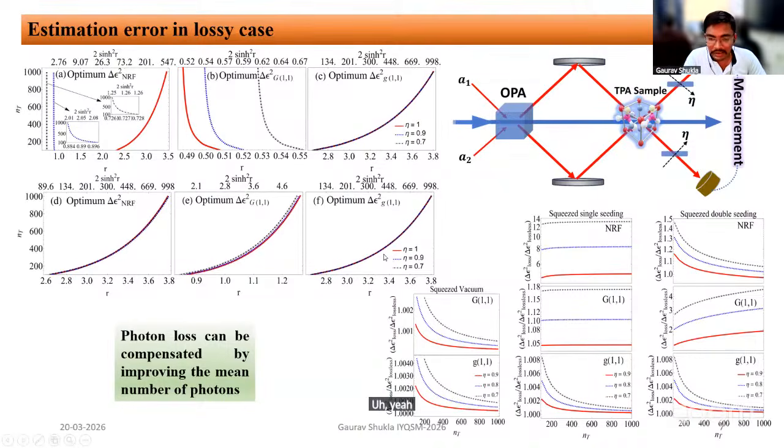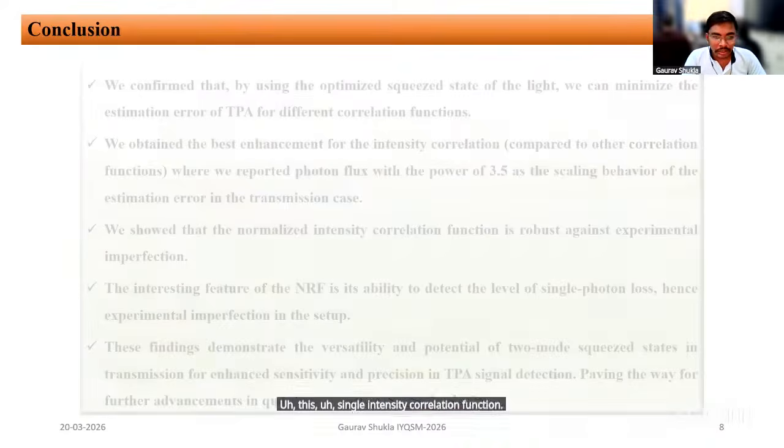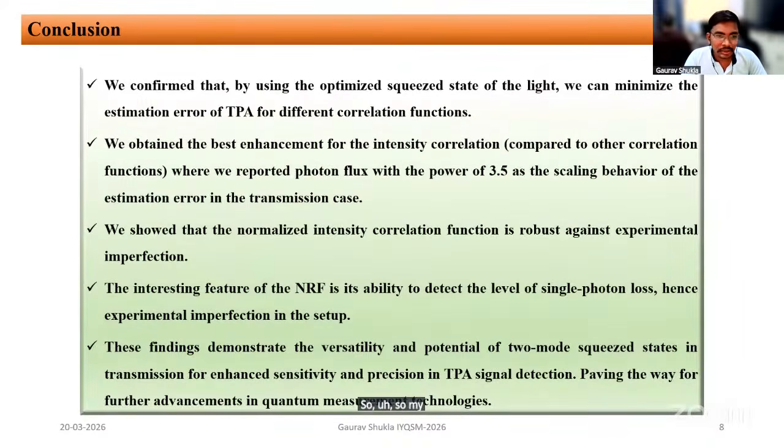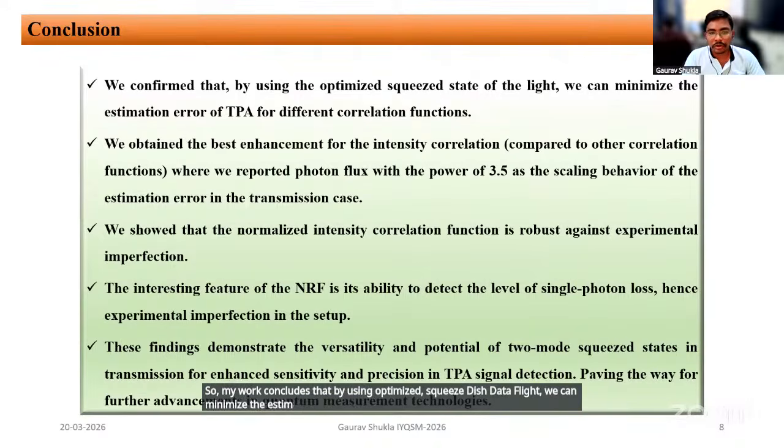Yes, it has a lower sensitivity, but it is more robust than the noise reduction factor and the single intensity correlation function. So my work concludes that by using an optimized squeezed state of light, we can minimize the estimation error of two-photon absorption for different correlation functions.